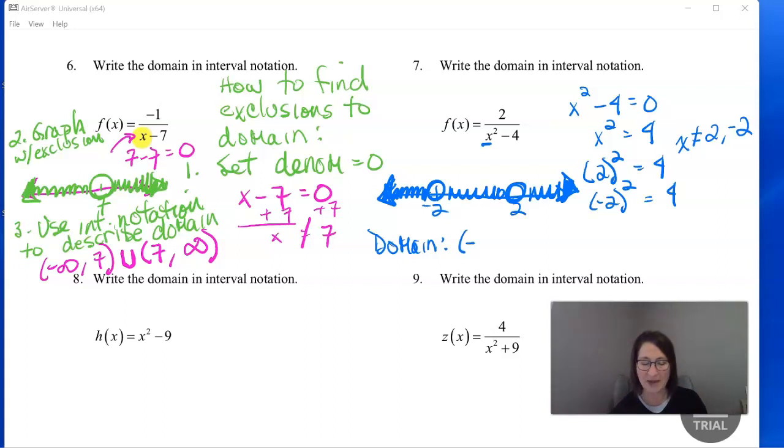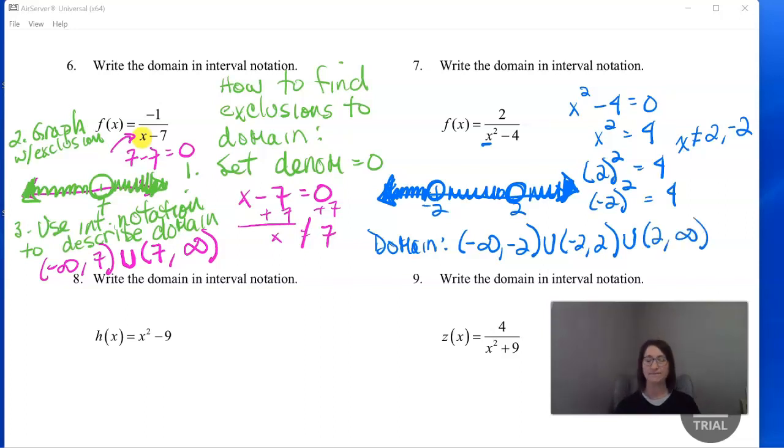So I'm going to go from negative infinity to negative 2, parenthesis. Use a union symbol to join the next interval. Negative 2 to positive 2. Join the third interval, which is positive 2 to positive infinity. There we go. Okay.